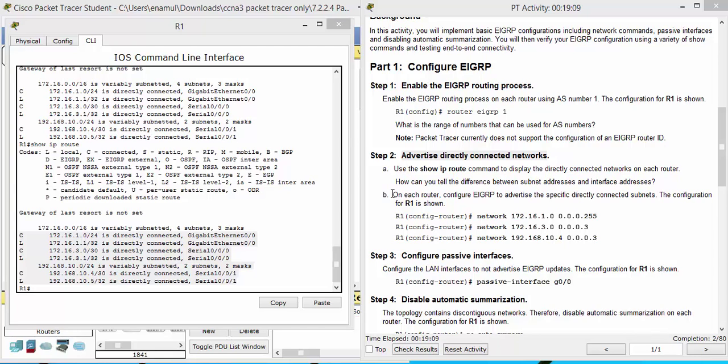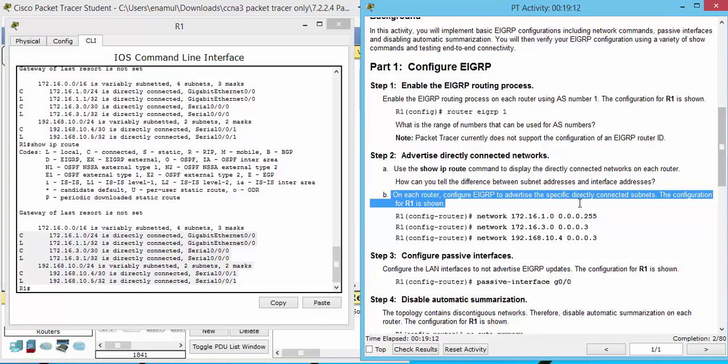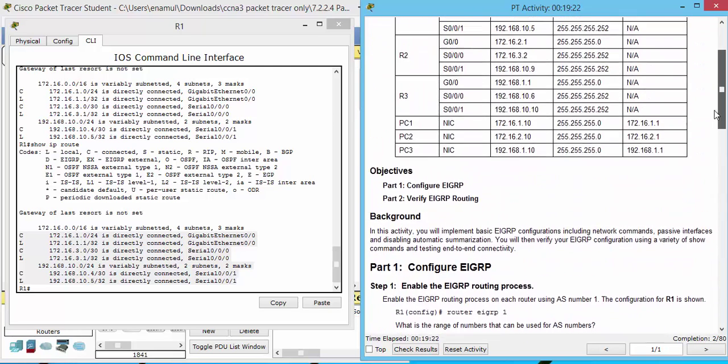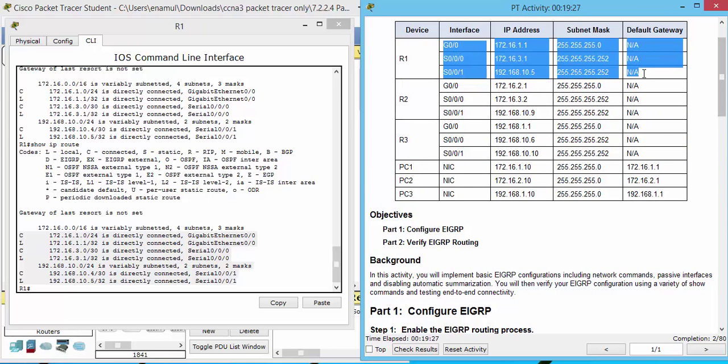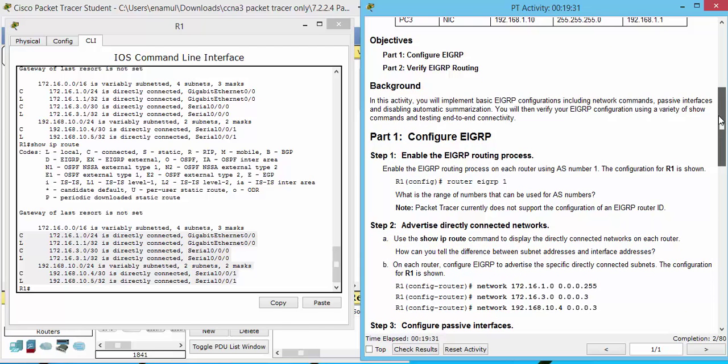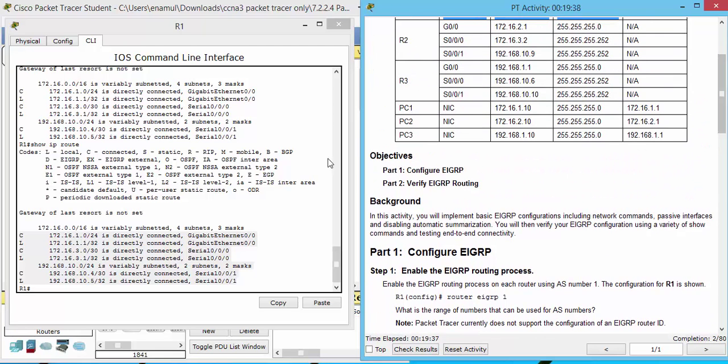Now, on each router, configure EIGRP to advertise the specific directly connected subnets. The configuration for R1 is shown. So this is R1, and we're going to configure EIGRP on R1 to advertise these specific directly connected subnets.